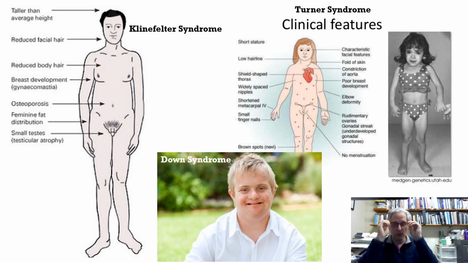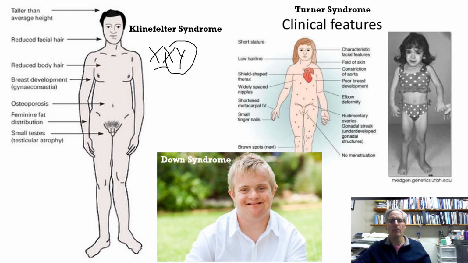Klinefelter syndrome is due to aneuploidy of the sex chromosomes. So a person with Klinefelter has 2 X chromosomes and 1 Y chromosome. And they have these particular feminizing features. They're phenotypically male because they have the Y chromosome, but they've got that extra X chromosome, and that slightly feminizes their bodies.